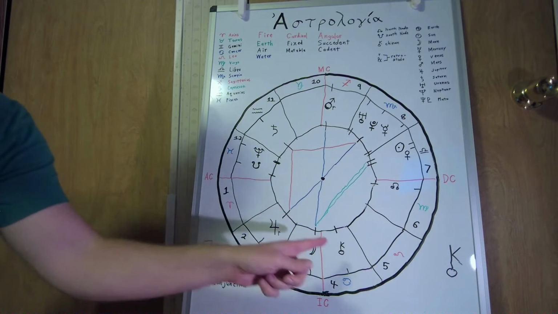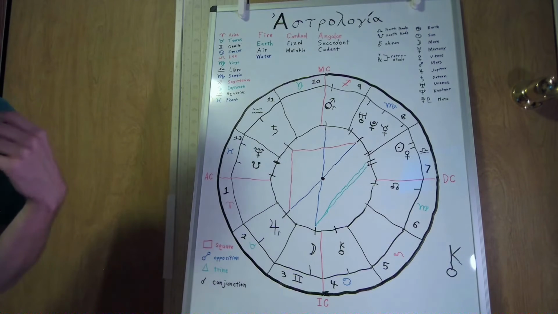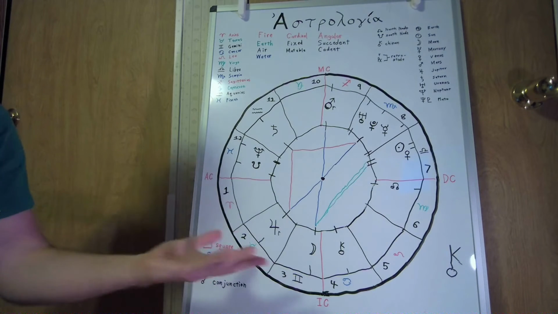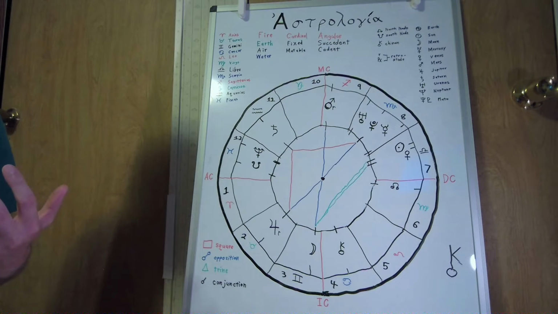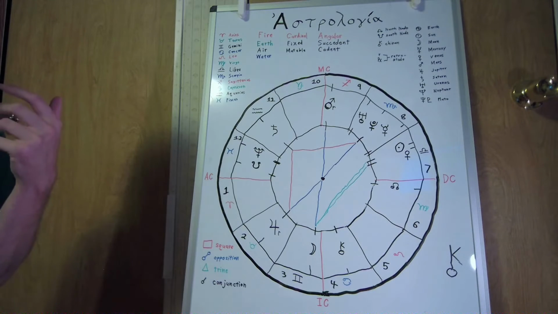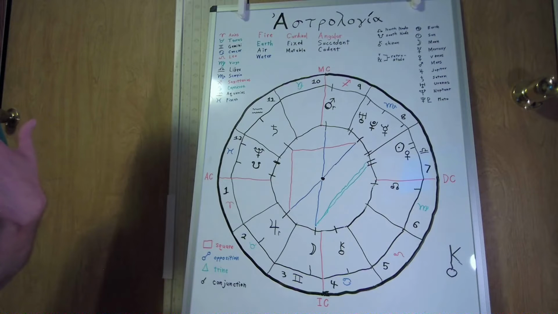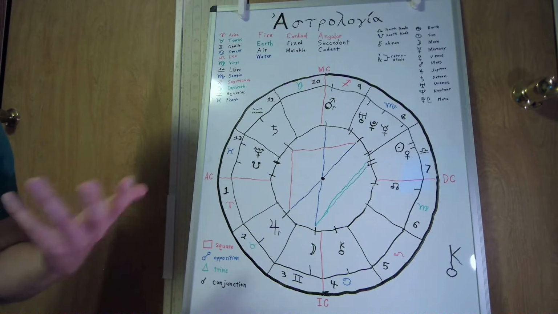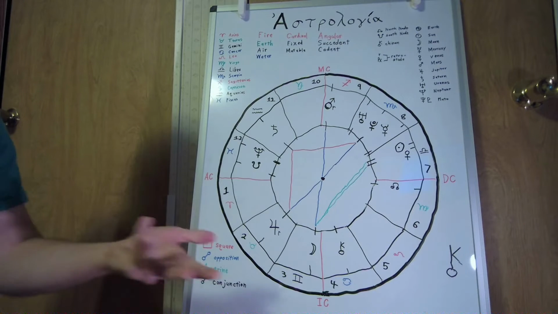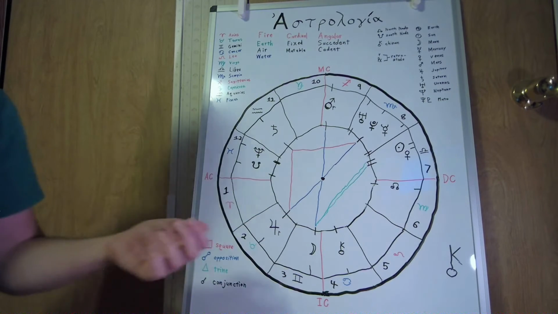In this case, it's in the 4th house of home and family life. So that could be interpreted as this person has some type of a wound. It could be not a literal wound, but some type of mental or emotional wound involving the home or the family life. And because of that wound, they are better able to help others overcome their own issues that involve the home or family life. That's one way that that could be looked at, by having Chiron there.